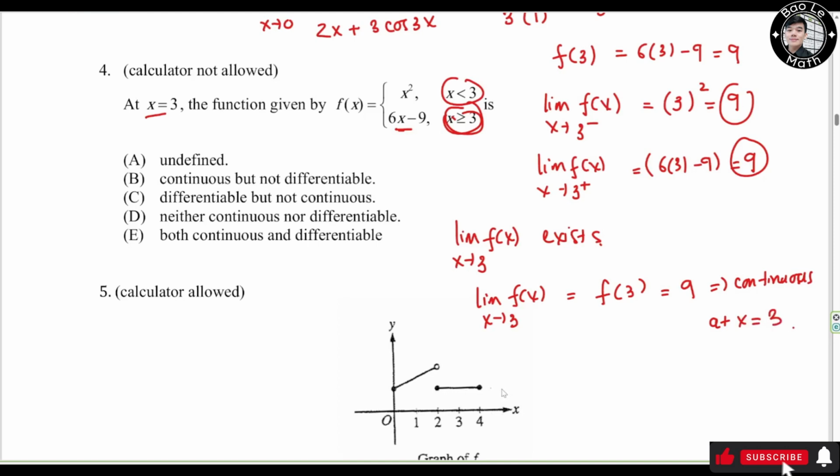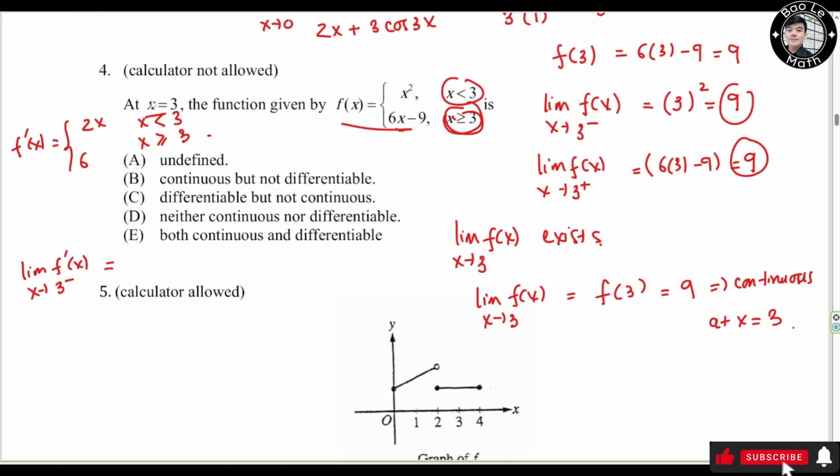Now we're going to check to see if the function is differentiable, right? So we need to take the derivative of this one, right? So I have f prime of s equals the derivative of this one, which could be 2s for s less than 3 and 6 for s greater than or equal to 3, right? Now in order to check for the differentiability, we need to find the limit of the function f prime of s when s approaches 3 minus, right?